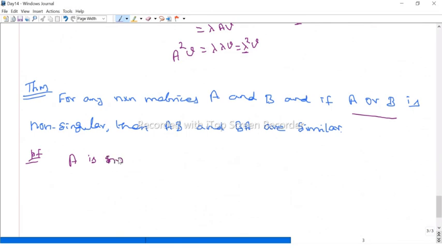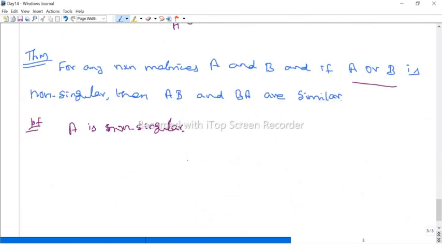That means the inverse exists. Then we have to prove that AB and BA are similar matrices. So that means we have to write AB equal to some matrix P inverse into BA into P. We have to find such a matrix P.